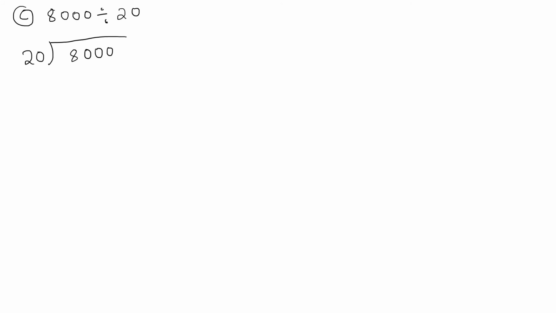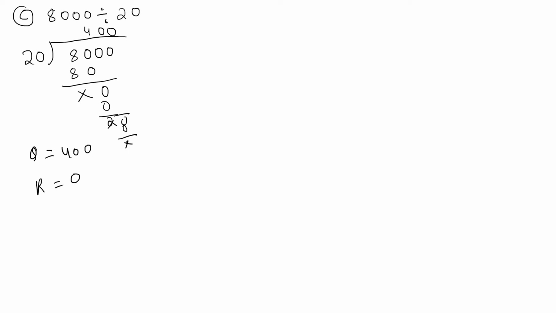So we will write here 4 2s are 8. That means 4 20s are 80. So this 0 will come down. Again 0. So again this 0 will come down. So we will write here. So Q is equal to 400 and R is equal to 0.